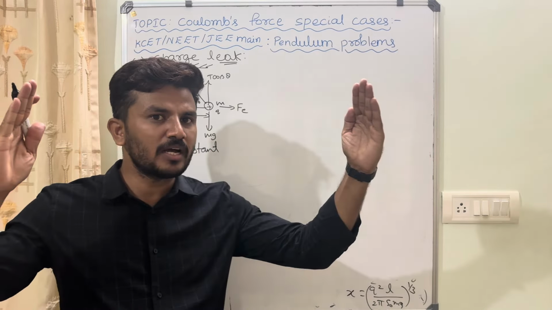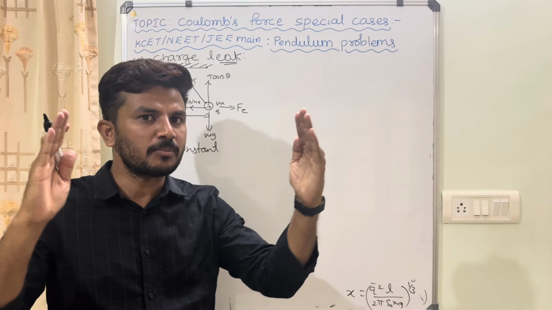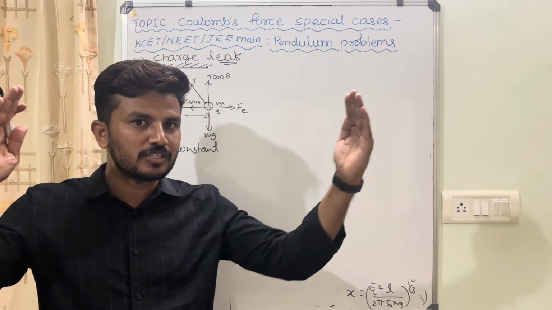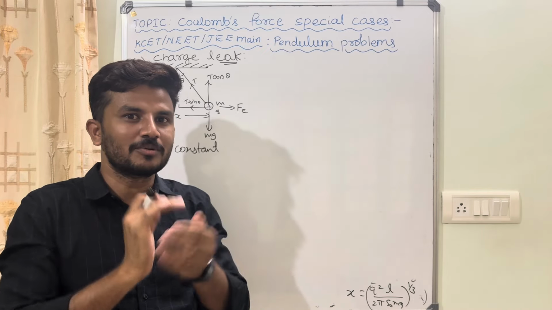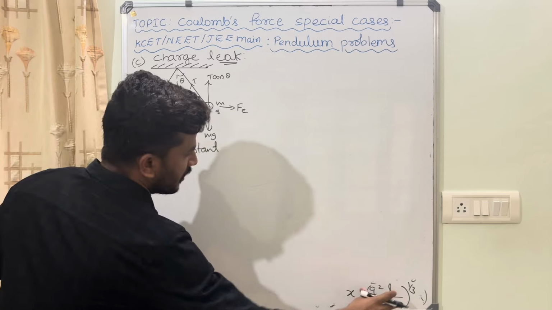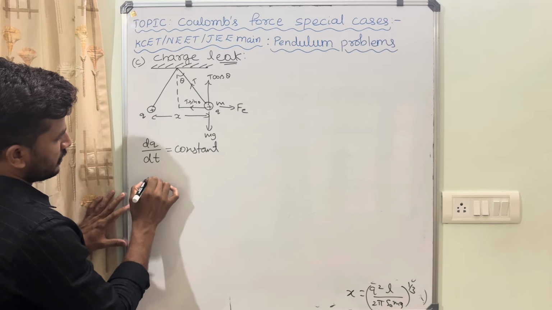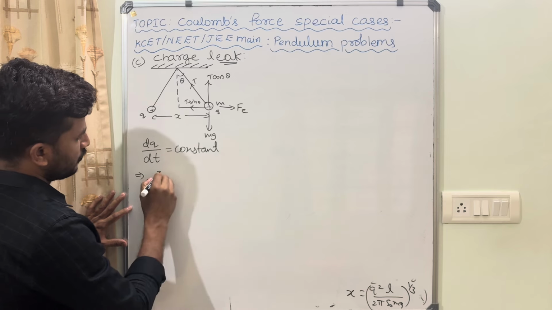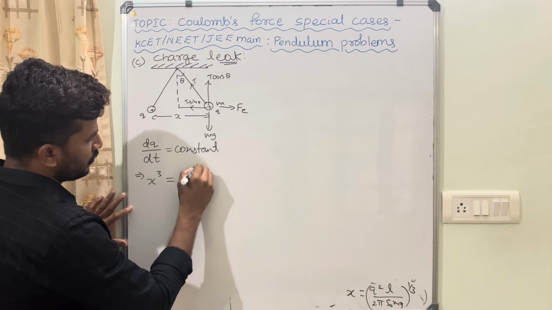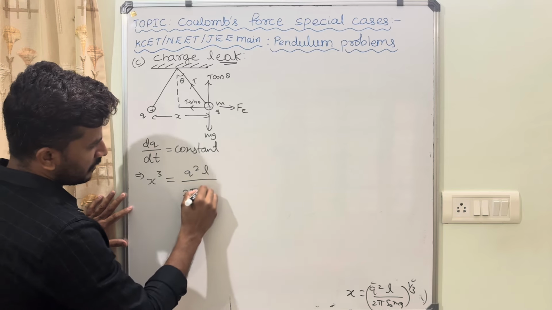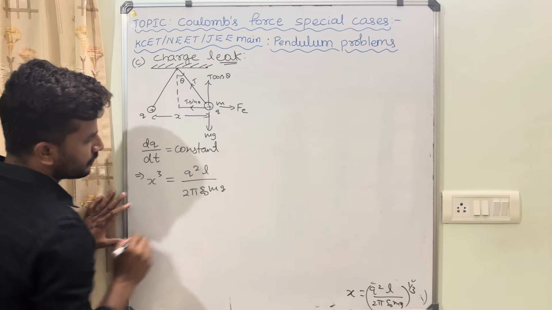So what is the velocity with which they approach each other? They means the balls approach each other. If we discuss how fast the two balls come close, I will take this formula here. Using x cube is equal to q square L divided by 2 pi epsilon naught mg.